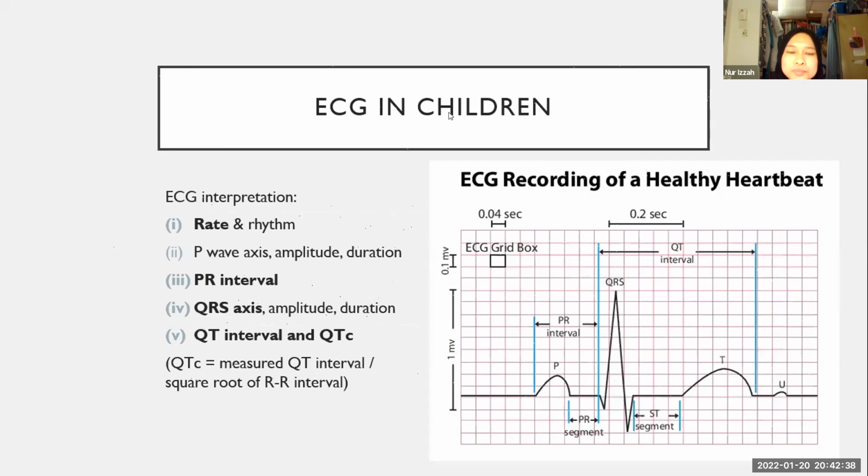Basically, how to interpret the ECG in children is the same as in adults. So what I have put here are the differences between ECG in children and in adults. I will not explain more about ECG interpretation, because we will learn about the differences in ECG in children compared to adults.